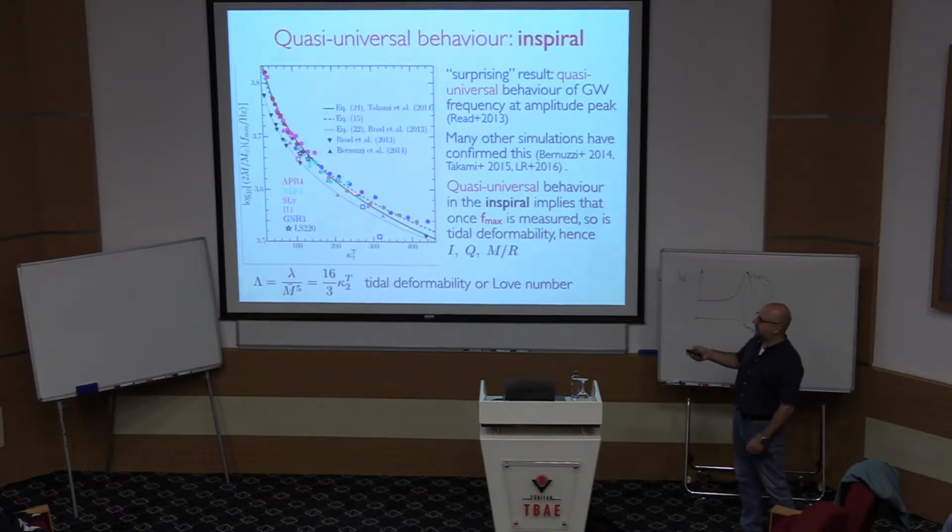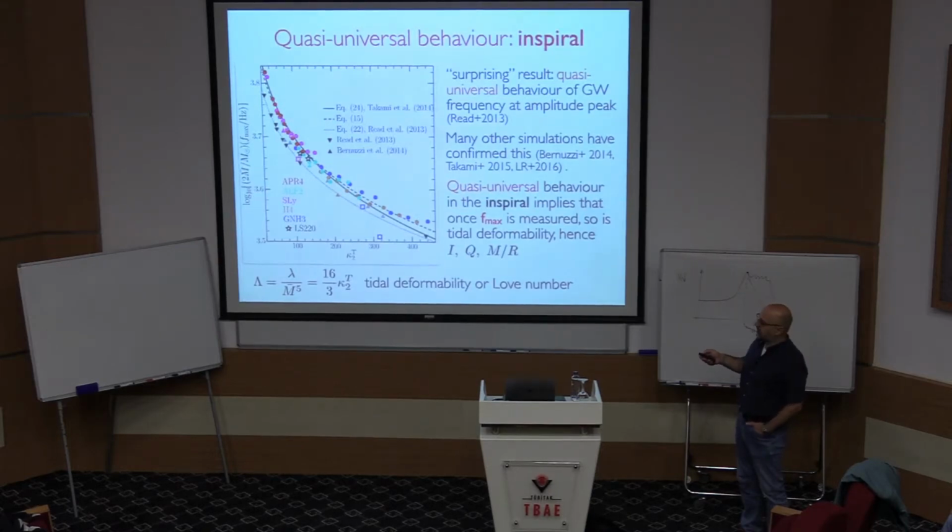In principle, these points with different colors at different equations of state could be all over the place, okay? But they are not. They follow a certain behavior, and this is what is called a universal behavior. Now, there is a bit of scattering, there are some outliers, but overall, there is this behavior.